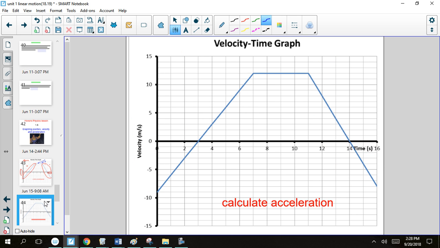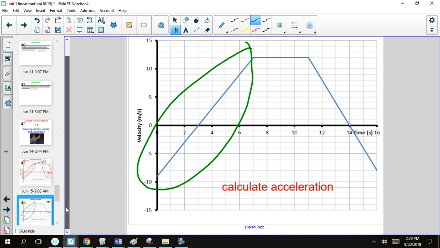Alright, so take a look at this. This one has us calculating our acceleration. So what we can go ahead and do, and how about we just do this section right here. And this is what some of the questions we were doing on our homework. So what we need to do is find our initial velocity. So 6, 7, 8, 9.